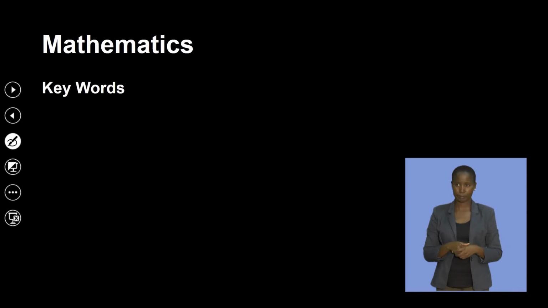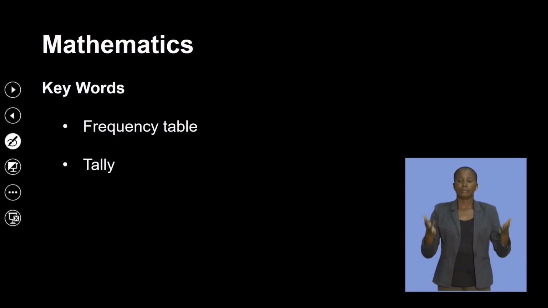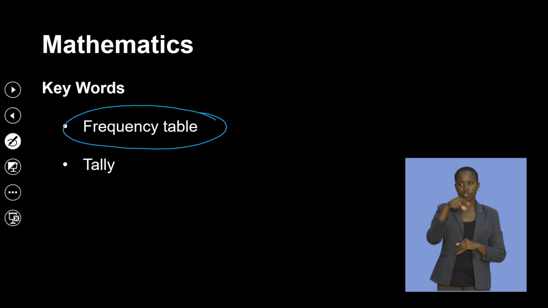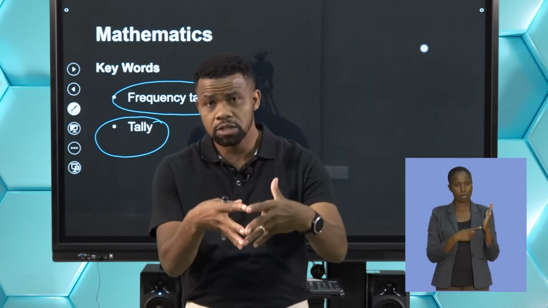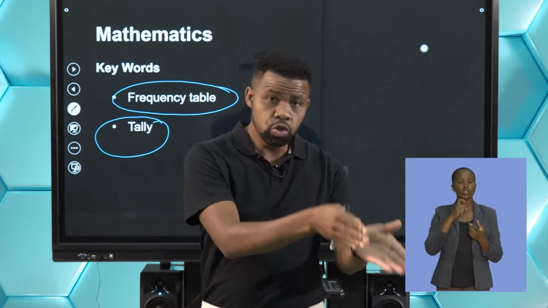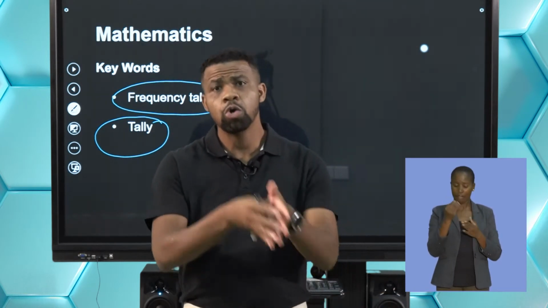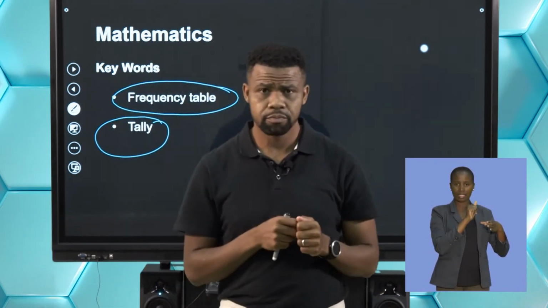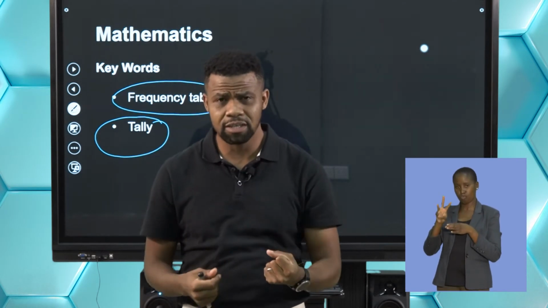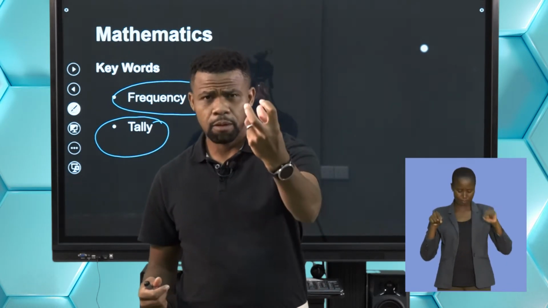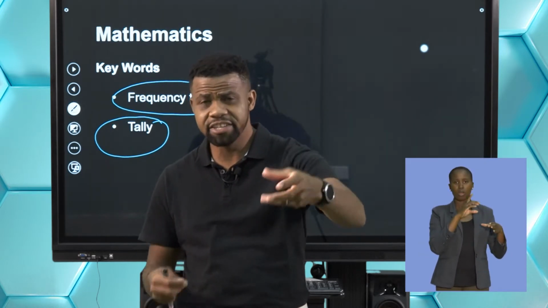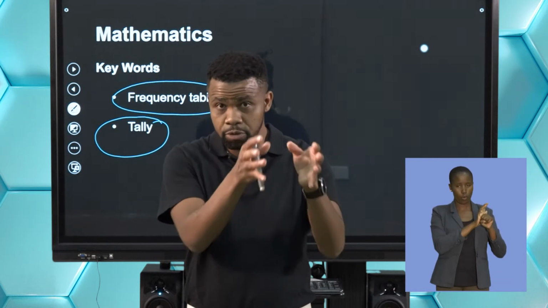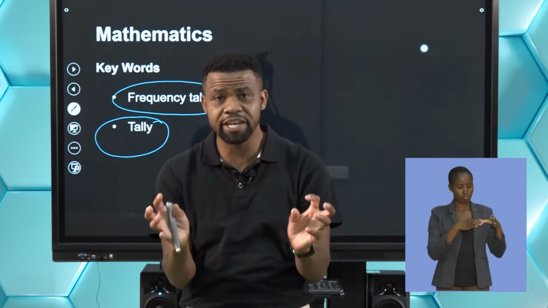So we're going to look at another way, which is frequency table and tallies. So frequency table, okay. Remember, in data, we can have grouped data or raw data. We can group data, for example, the COVID cases, some of them are grouped according to age in terms of infection.